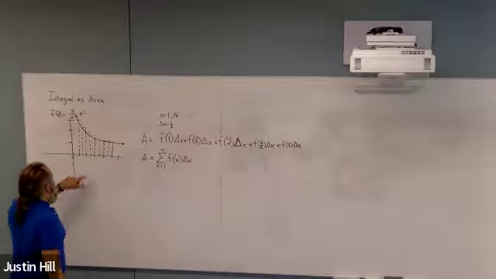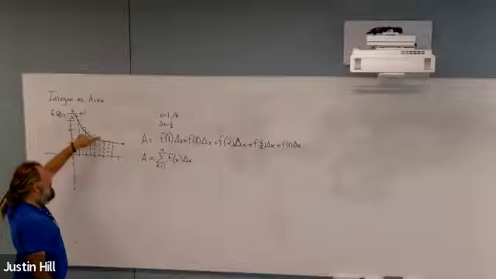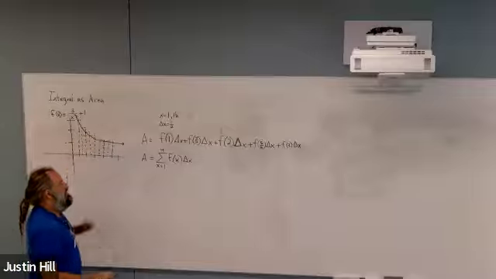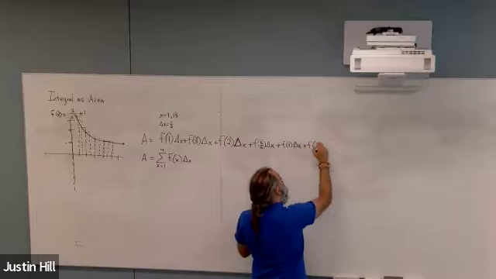So now this small rectangle is going to be f of 3 times 1/2. And then f of 3.5 times 1/2, etc. This is going to be f of 3.5, 7/2 times 1/2.